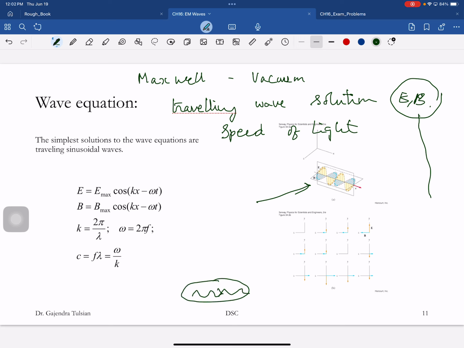All electromagnetic waves come in packets. This is the quantum description, and this is called a photon. You can have a photon of every kind: X-ray photons, gamma ray photons, light photons. And the energy of this photon is h, the Planck's constant, times the frequency.